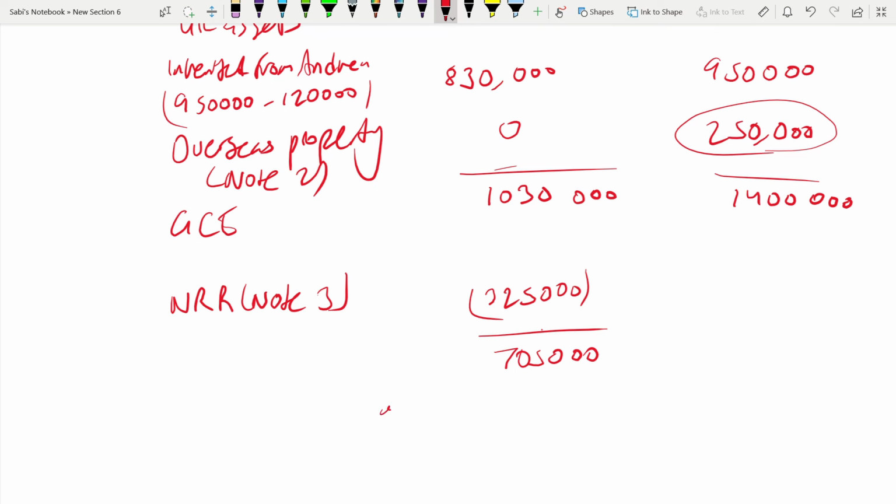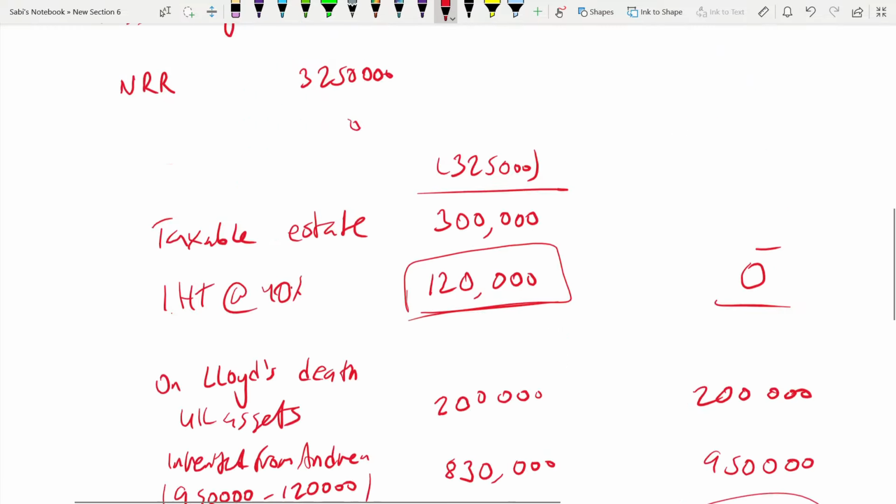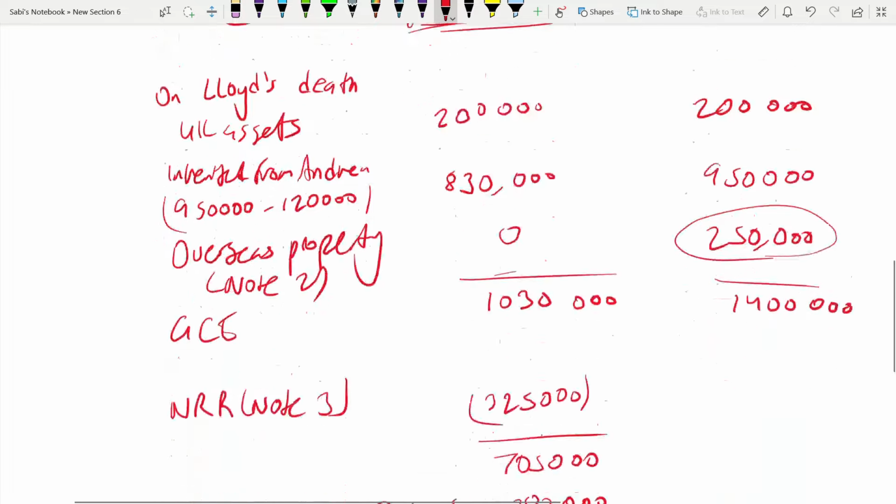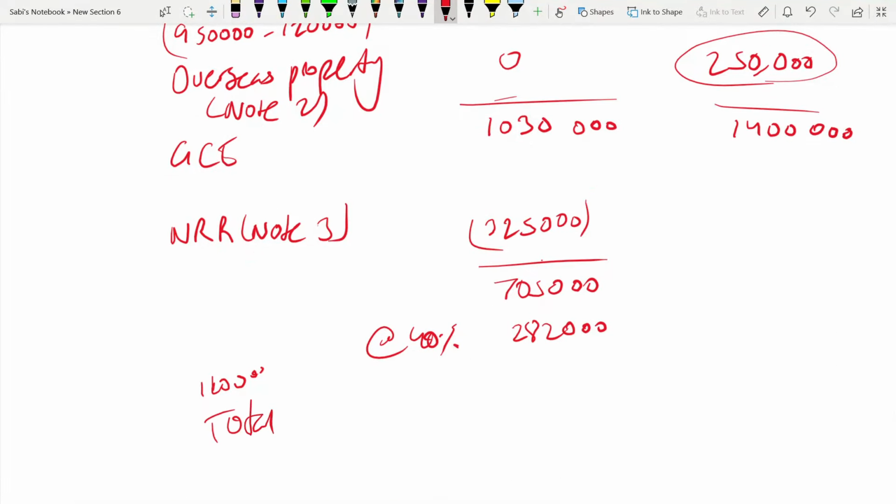On this you are charging 40%, which is 282,000. With 282,000, you have to add 120,000, the tax paid here. There were two deaths, Andrea's death and Lloyd's death, and here you are paying 120,000. So just add both taxes. Total IHT would be 282 plus 120, 402,000 in the first case.